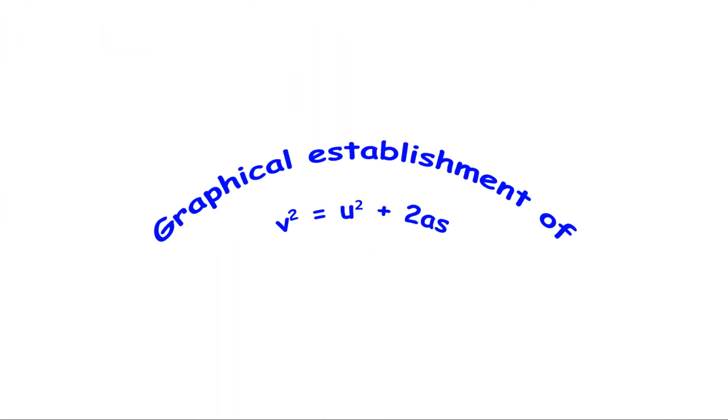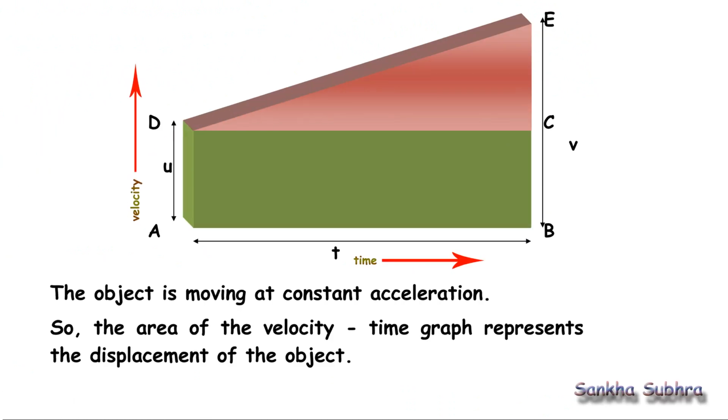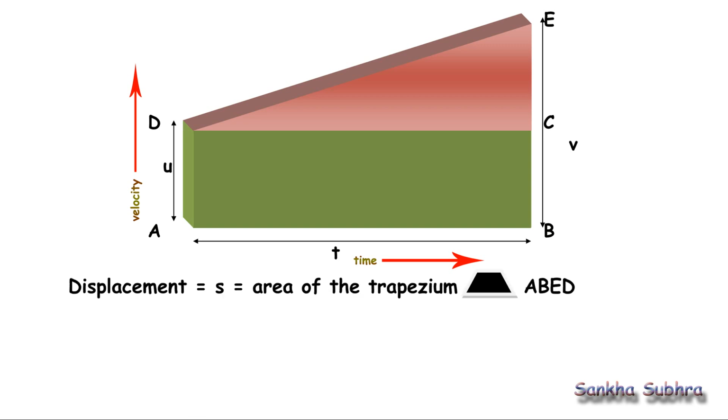Now to establish the next equation, we will apply the previous formula. The area of the velocity time graph represents the displacement of the object when the object is moving at constant acceleration. So the displacement of the object S can be given as the area of the trapezium ABED.